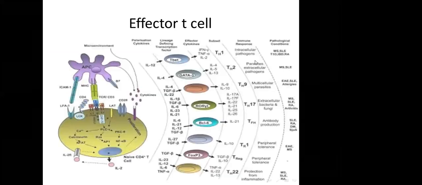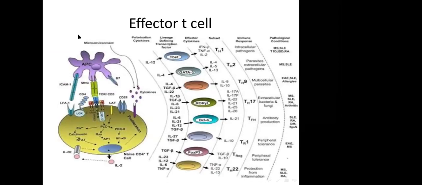From the previous session, this is the antigen presenting cell that diagnosed the antigen and presented it to the naive T cell. Naive T cells secrete the cytokines, and the cytokines stimulate formation of effector T cells and start to stimulate the whole immune system.